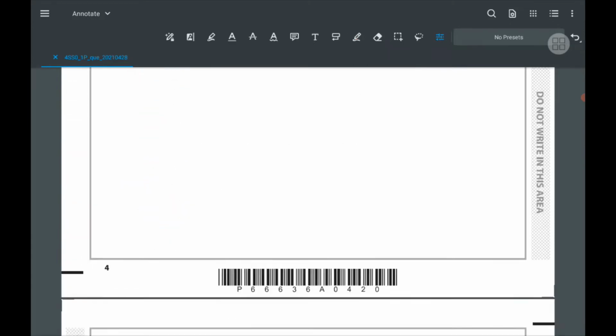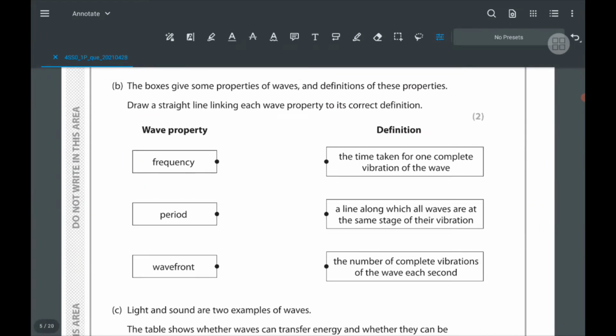Next question. The boxes give some properties of waves and definitions of these properties. Draw a straight line linking each wave property to its correct definition. So we will see how we can connect this. Frequency means the number of complete vibrations of the wave each second. So you will connect it there.